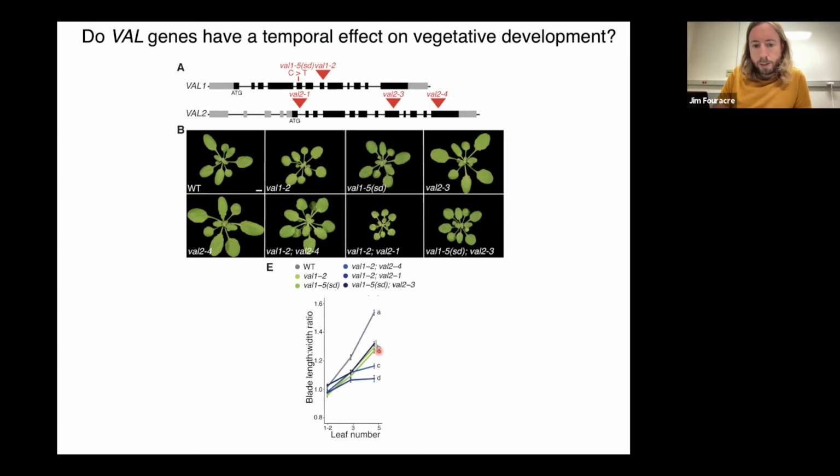In Val1 single mutants, you see somewhat of a suppression of this because they're juvenilized; their leaves appear shorter and rounder for longer, and there's an even bigger effect in Val1, Val2 doubles. It's at a later leaf stage that you really see these effects manifest themselves. So it looks like they are at least temporally regulating the phenotype of phase change.